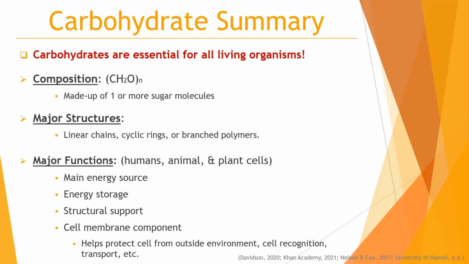Major functions, depending on whether it's animals, humans, or plants, can include the following: main energy source. It could be a main storage for energy. It can be used for structural support, or in most cases, it can be used in the cell membrane to help with various other functions such as protection, cell recognition, and cell transport.